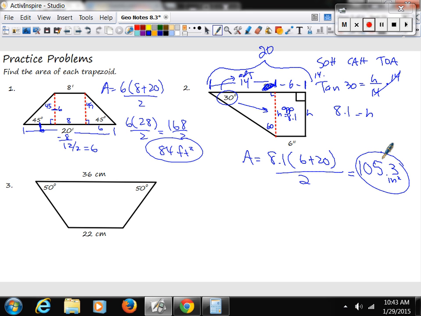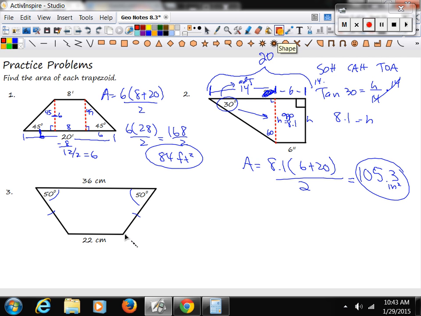The third one, what kind of shape is the third one? It's isosceles, because they're both 50s. If these two are the same, then these two are going to be the same. Now I know in the picture they don't look great as far as being the same, but they are the same. Those two would have to be the same in this picture.